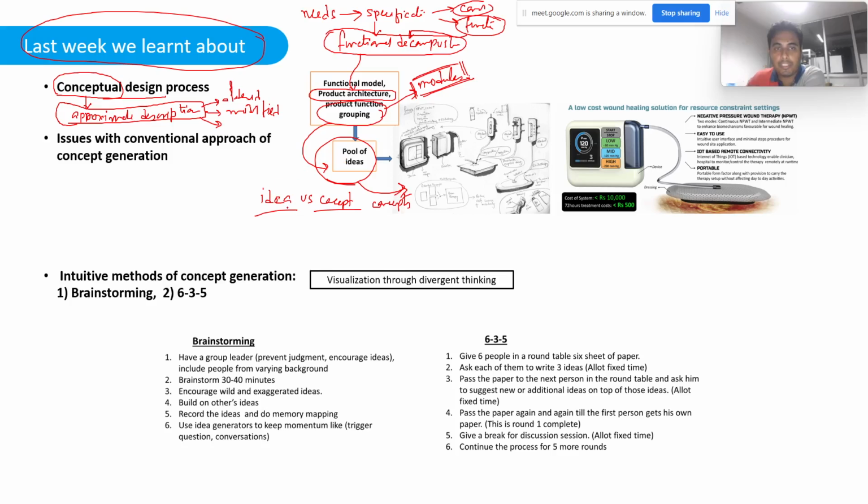Okay. So basically, an idea is something which is loose in terms of description. It's a loose, approximate description of a product's functionalities, and sometimes it is not well connected.